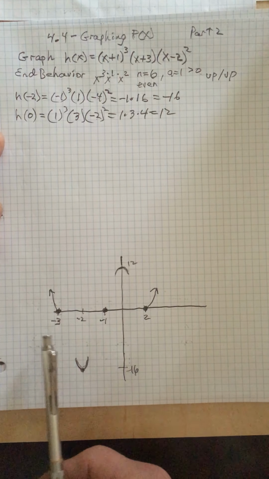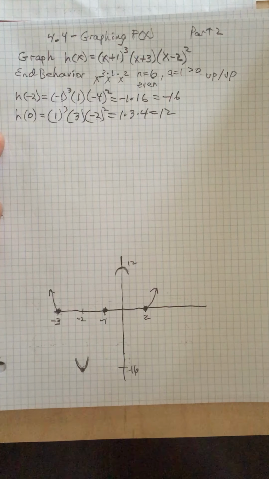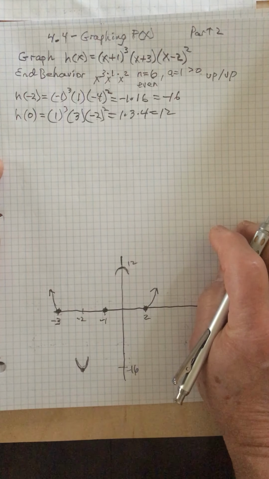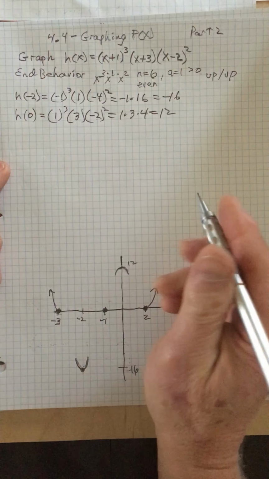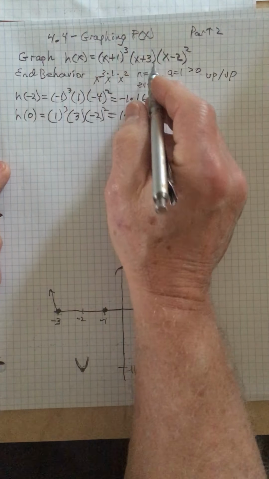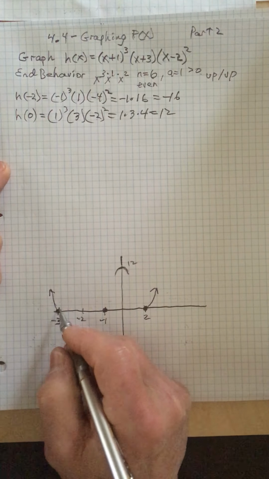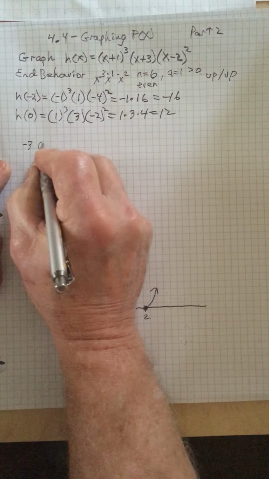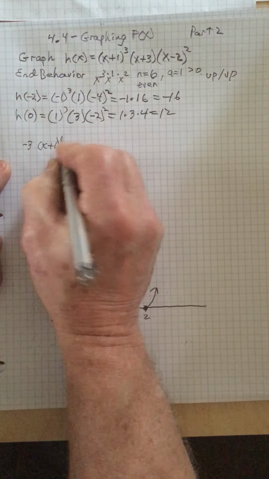So now the only question is, what do we do with these roots? Let's take a look at them and put them in order. Let's start with x plus 3. My root at minus 3 is x plus 3 to the first power.